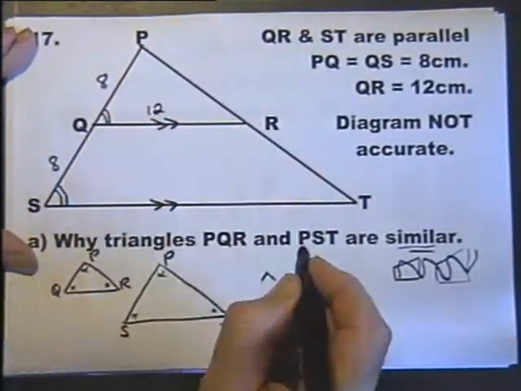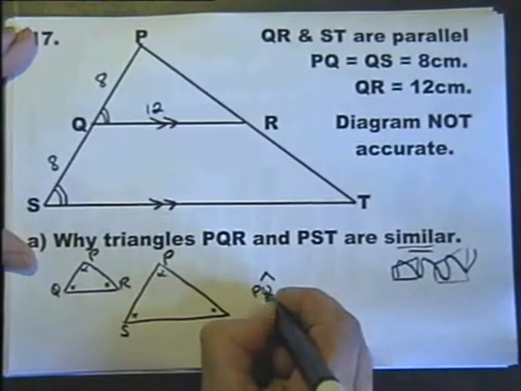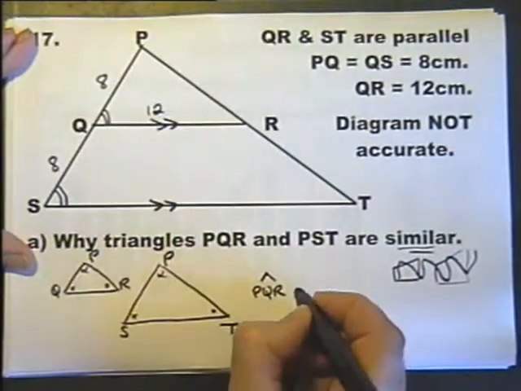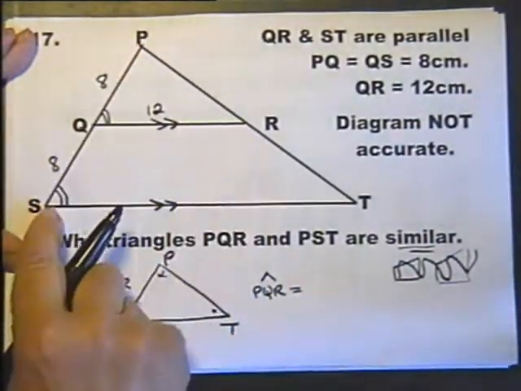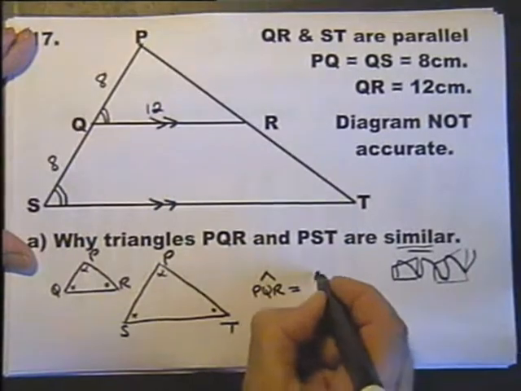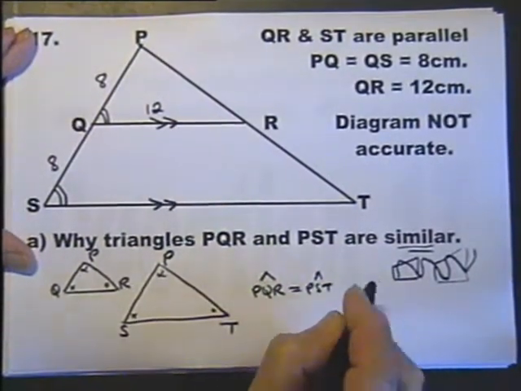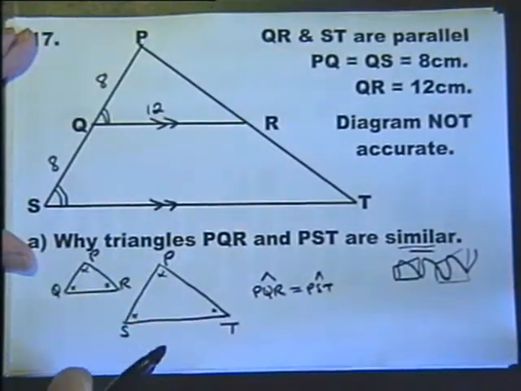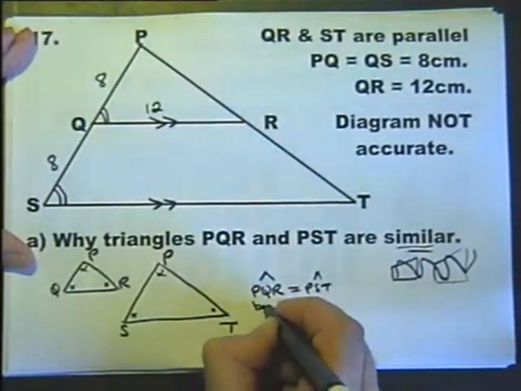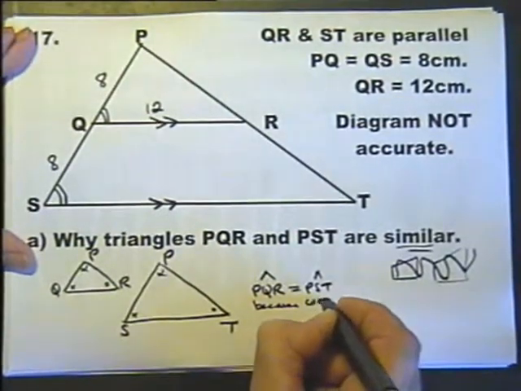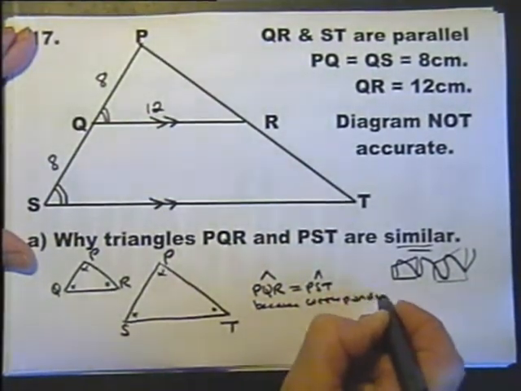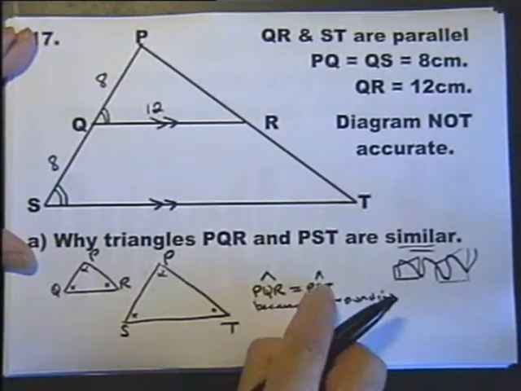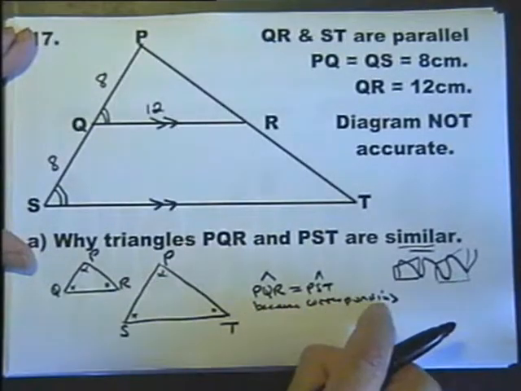Angle PQR is that angle there, and angle PST is that angle there. They're equal because they're corresponding. You have to have both statements: what you're talking about and why.